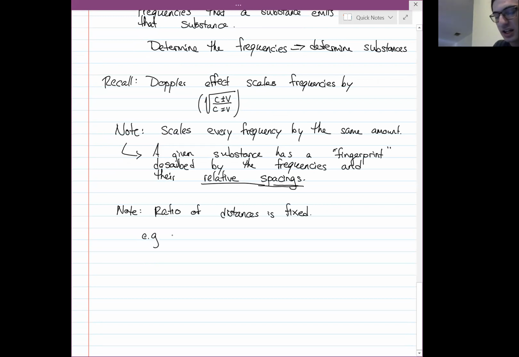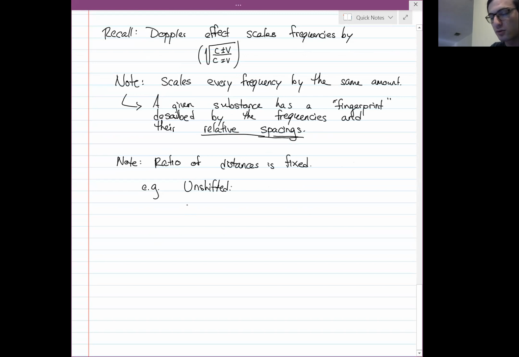So here's just a quick example. If the frequencies were unshifted, maybe our spectrum, which is what it's usually called, would look something like this. Maybe this distance is 10 units. You'd have a bright spot at this frequency, a bright spot at this frequency, and a bright spot here, or maybe a dark spot, because that's how most things work. And then you have a distance here of 5 units. And those units are just whatever units you want to measure them in.